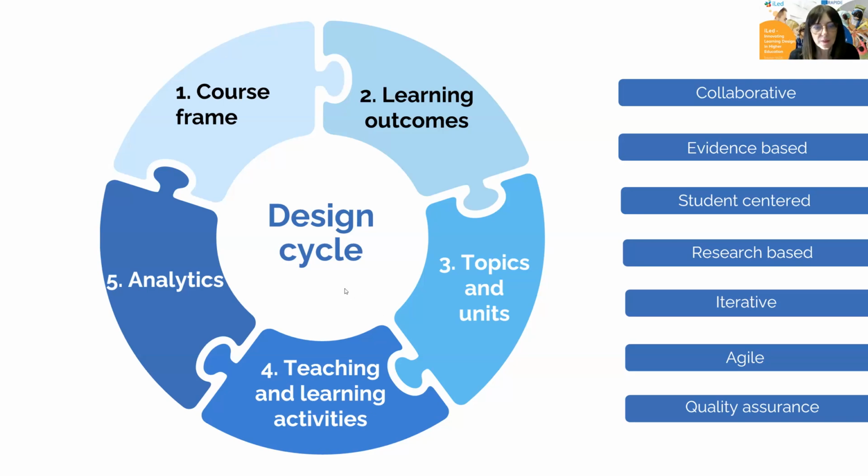Actually, the users are those who decide if the course is designed based on intended learning outcomes, but also based on the principles they would like to introduce into teaching and learning.